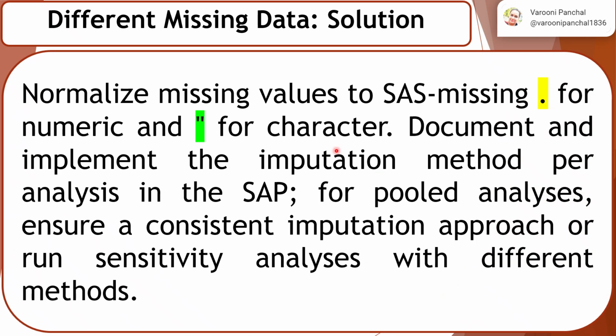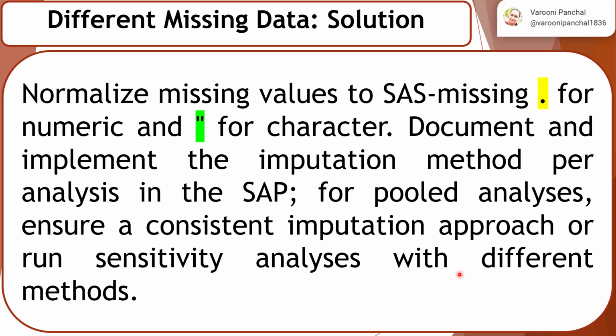The solution here is to normalize missing values to SAS missing. For example, missing is represented as a dot for numeric, and quotes for character. So document and implement whatever imputation method you use for analysis in the SAP. How the safety variables will be imputed, how the efficacy values will be imputed, and how the baseline characteristics, especially demographics, will be imputed, or whether imputation will be done or not.